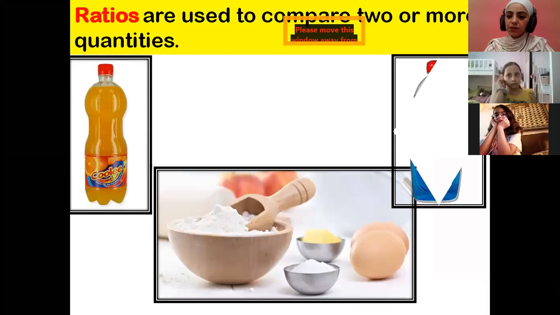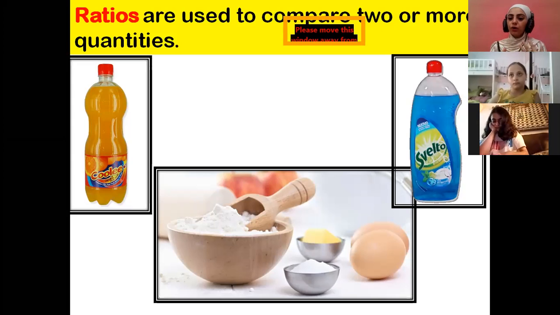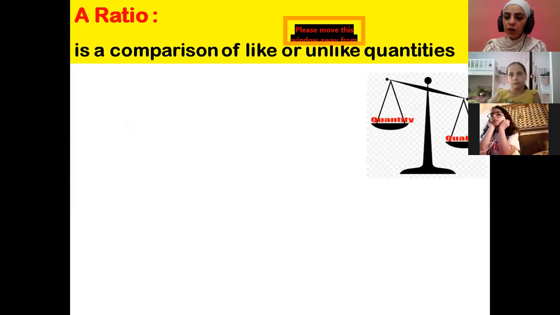If you want to make a recipe of cake, like this picture here in the middle, you know, in the recipes, some tell you if you need to use 2 eggs, 1.5 cups of flour, 1 teaspoon of salt or whatever. If you want to make your cake larger, you're going to increase your amounts. So this is where we use ratios.